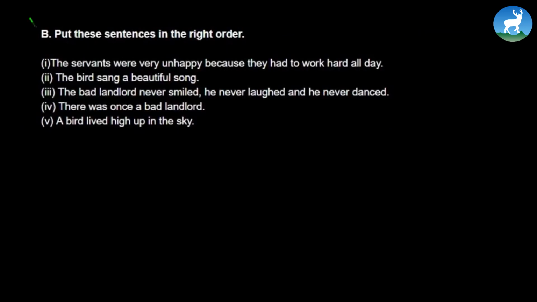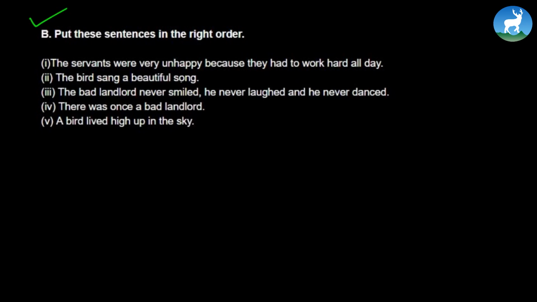Now another question we have is, put these sentences in the right order. These sentences are all jumbled up in the wrong order, and it's our duty to put them in the right order. Let's read them. The servants were very unhappy because they had to work hard all day.